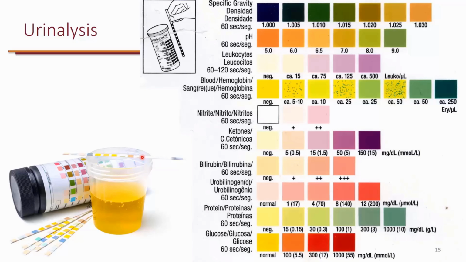There's a section on the strip for nitrite, and they see how the color changed, and they will tell you if it's negative, or kind of positive, and then definitely positive. You can do this for other things. For example, if they wanted to see if there's glucose present, if it's yellow for this particular test, they would say it's normal, and so on.